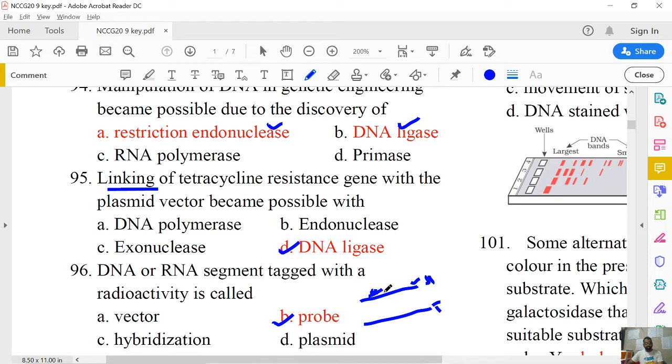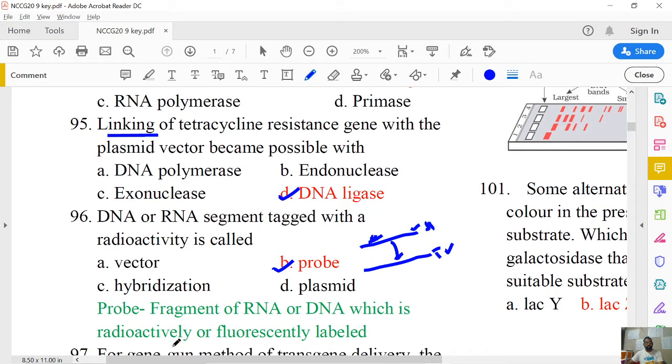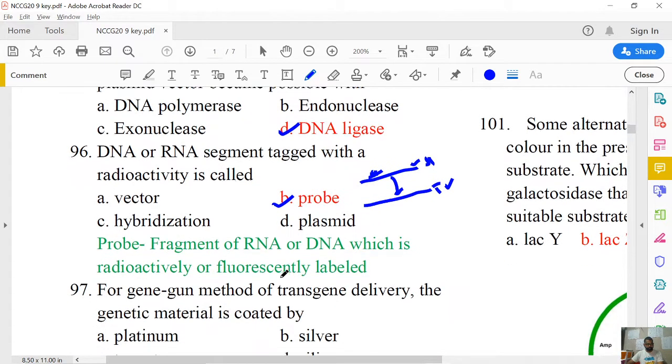Now when it is labeled like this, wherever the gene is present, it is going to bind with this. So by detecting radioactivity or fluorescence, we can find out whether this particular gene is present in the sample or not. So a probe is a fragment of RNA or DNA, single stranded, which is radioactively or fluorescently labeled.